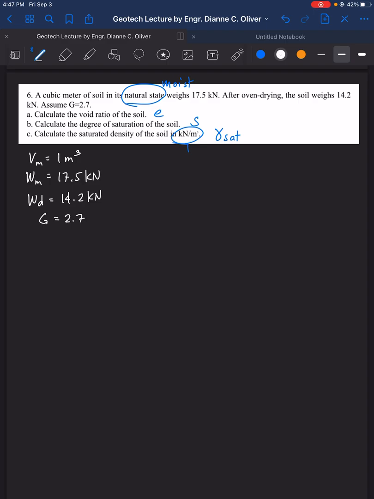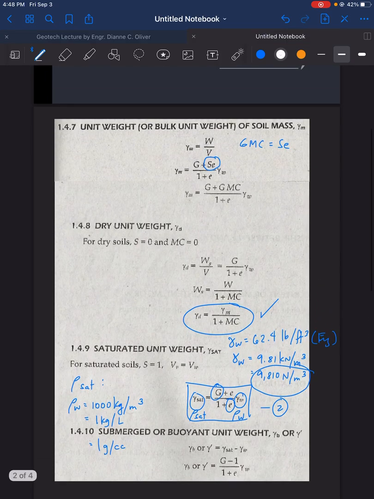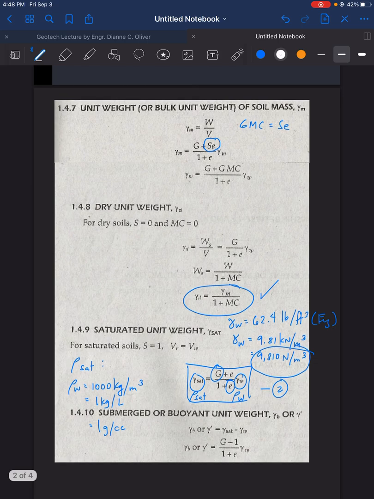Okay, so we need to find the void ratio E. So looking at this, we can solve already for moisture content. Then at this portion here, we have gamma moist. So if we have moisture content and gamma moist, the formula for moist unit weight is here.